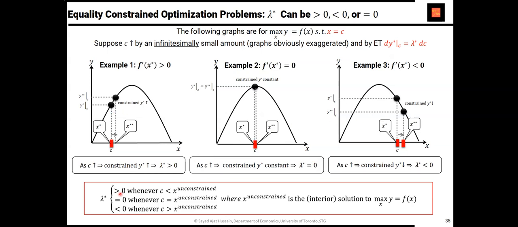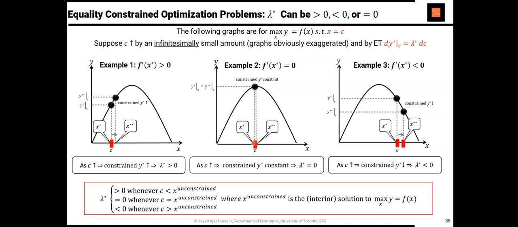And when is this going to happen? Notice that it's going to be positive whenever your capacity is below the unconstrained solution. So here's the unconstrained solution, right? So anytime your capacity is to the left, your lambda star must be positive. That's intuitive. Since you are below the unconstrained solution, there is some value to you of increasing C. If C just so by magic happens to be equal to the unconstrained solution, then lambda star will be equal to 0.